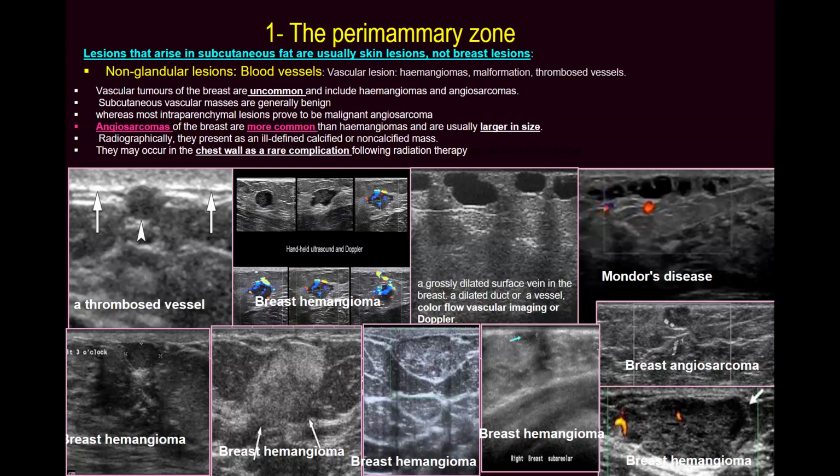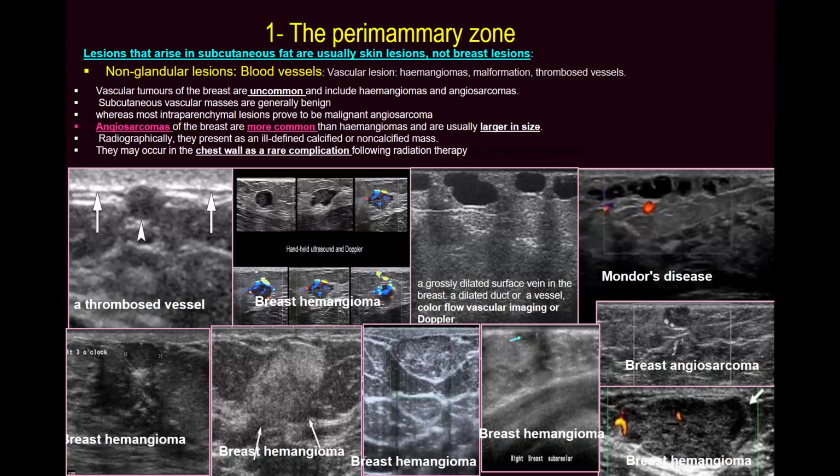And the malignant one, angiosarcoma, is more common than hemangioma, but there are variations from benign appearing to suspicious appearing lesions. Can be hypo, can be iso, can be hyper.